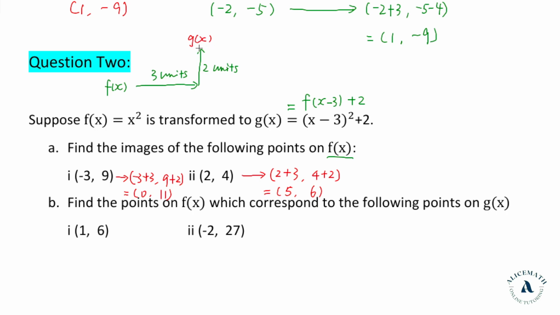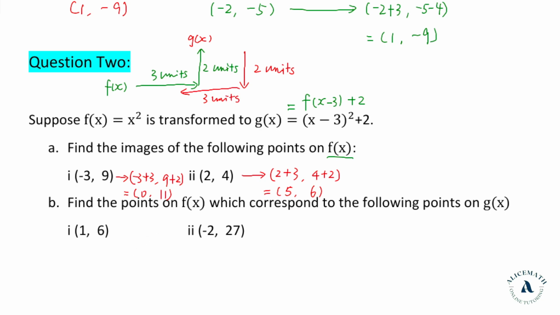If we want to start from g(x) and then go back and return to f(x), we should use the inverse way, meaning we should go down 2 units, and then go to the left side by 3 units.